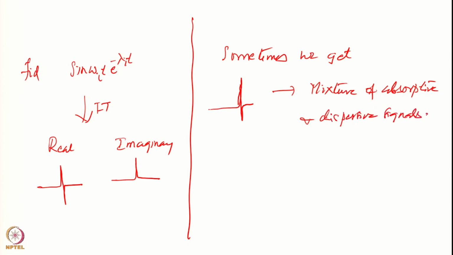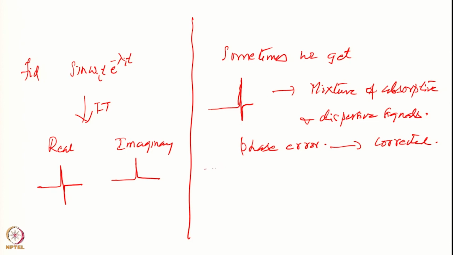This is known as phase error, and this has to be corrected. Now what is the source of the phase error? What causes the phase error? This we have to understand.